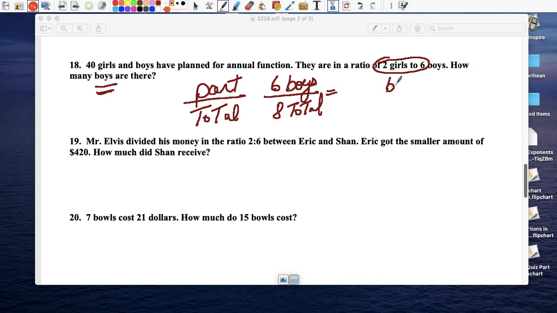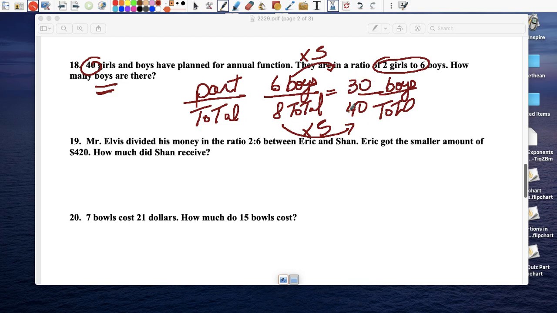So over here, I'm going to put boys and total. So now the total is 40, right? So when that total changes to 40, how many boys do we have? That's the question. So again, this one is nice enough that we can find the relationship. If you want to cross multiply, you can cross multiply. 8 times 5 is 40. So here, it's going to be times 5. And 6 times 5 is 30. So when there's 40 in total, 30 will be boys.